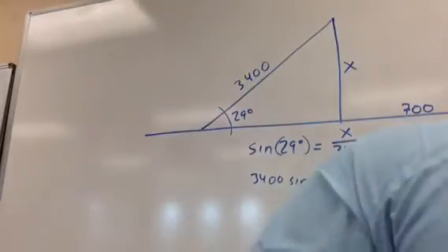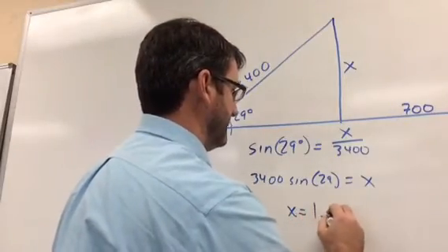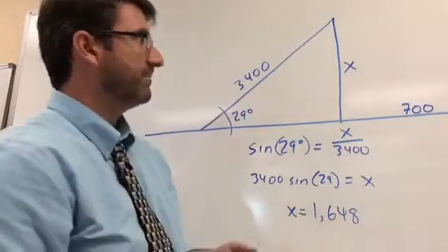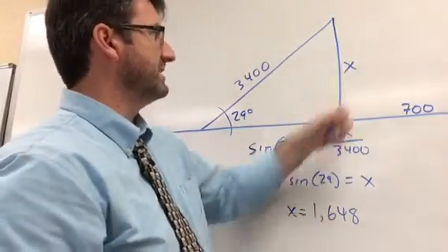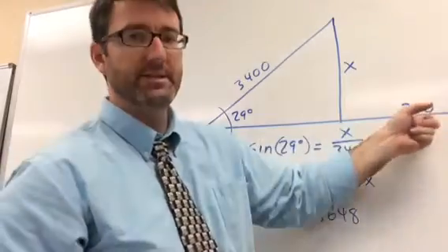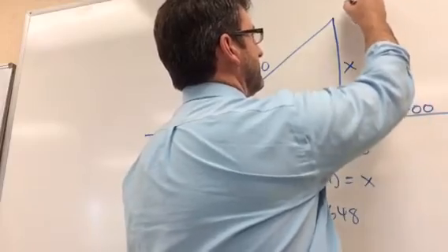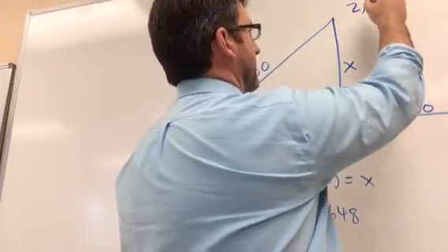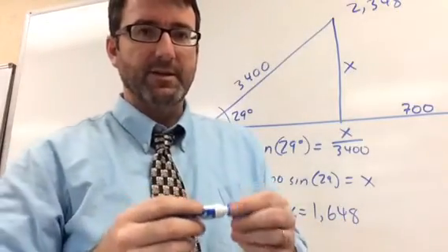And we get x equals 1,648. And so, to answer our question, what's the elevation here at the top? We add this to the elevation at the bottom, and we get 2,348 would be the elevation at the top of the staircase.